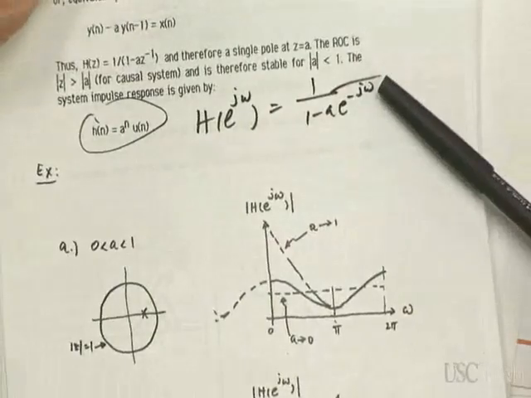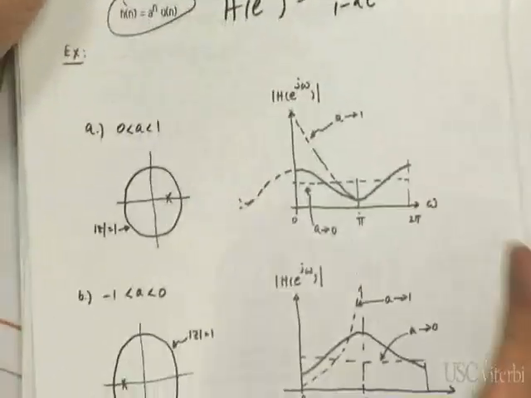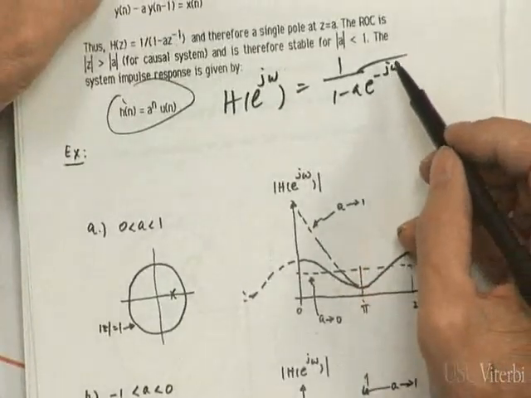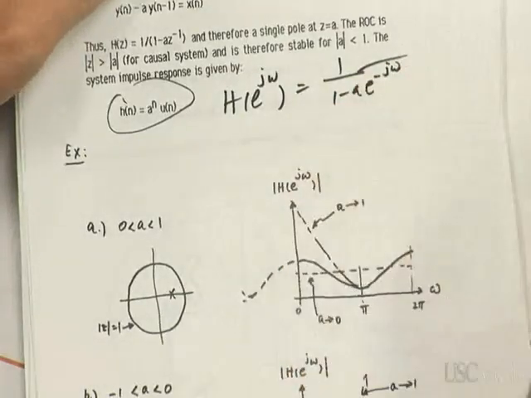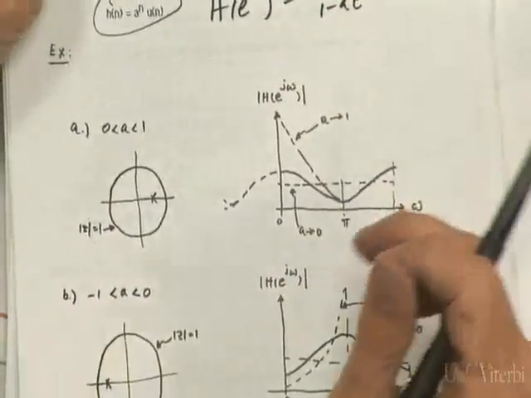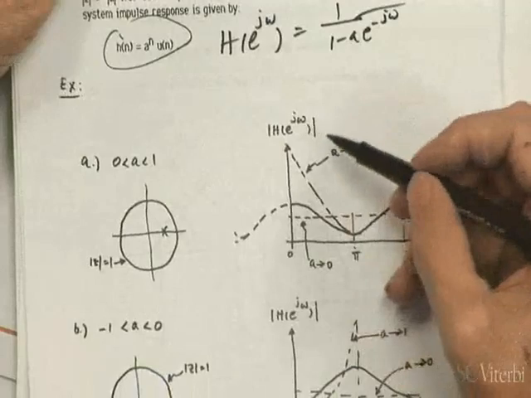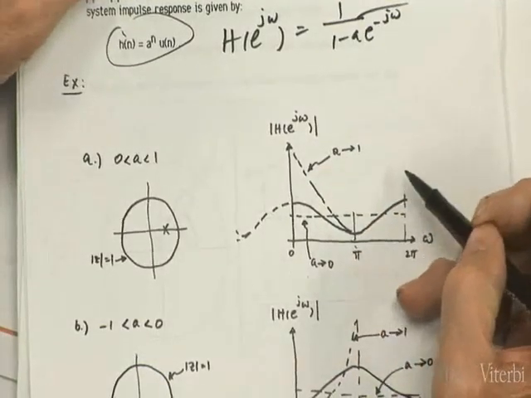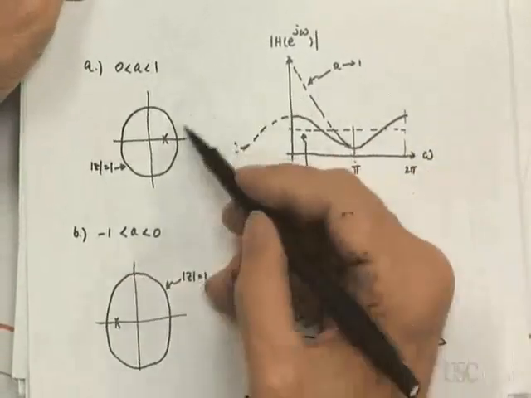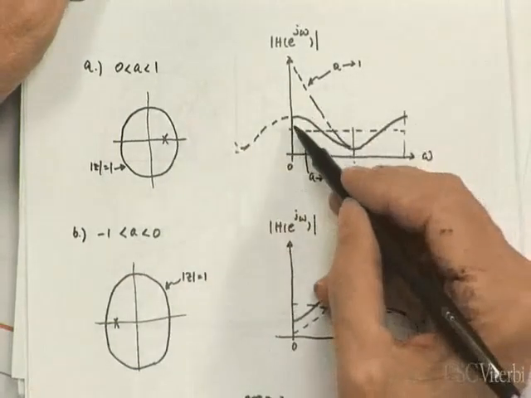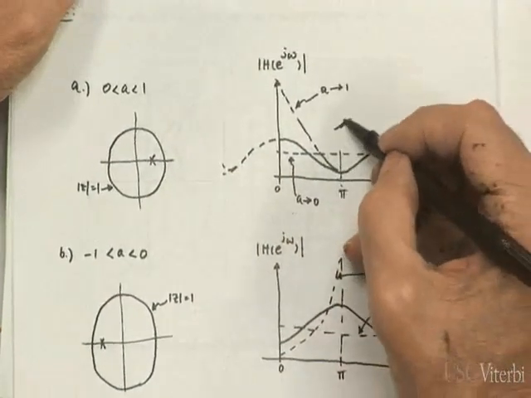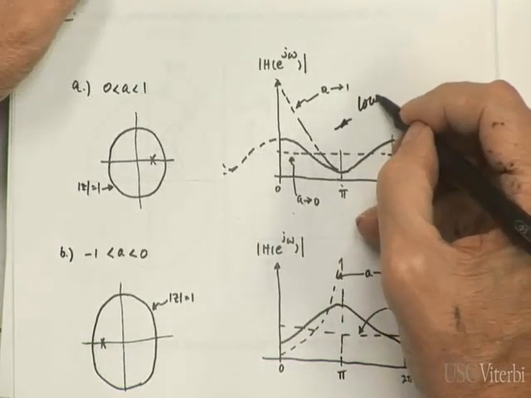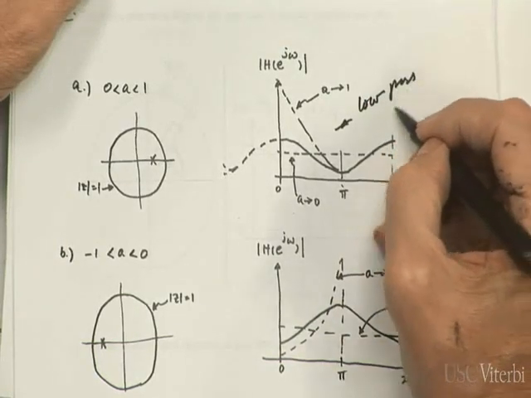Depending on the sign of a, when omega is 0, this is going to be 1 over 1 minus a. If a is less than 1 and positive, you're going to get a picture like this. Remember this? We did this when we talked about geometric sequences. This is when a is positive. This looks like, and is an example of, a low-pass filter.